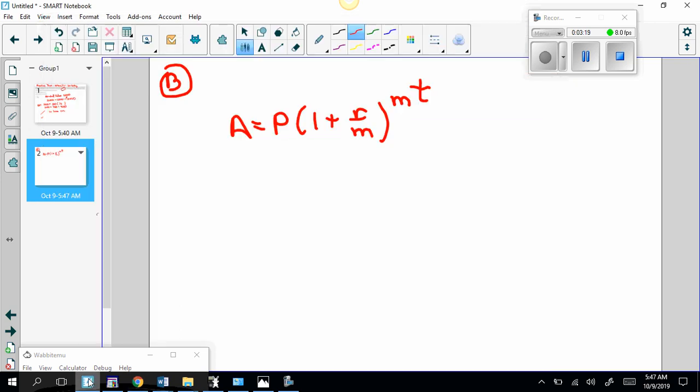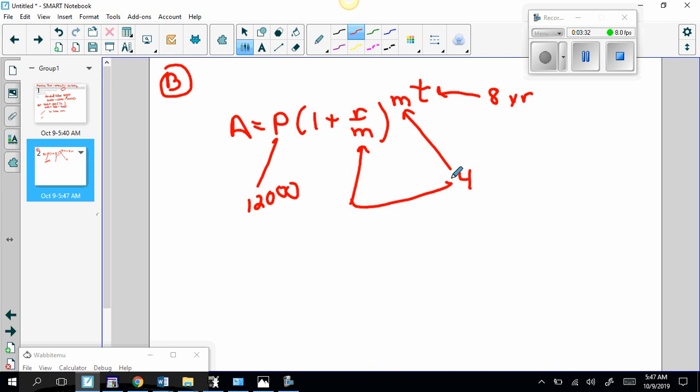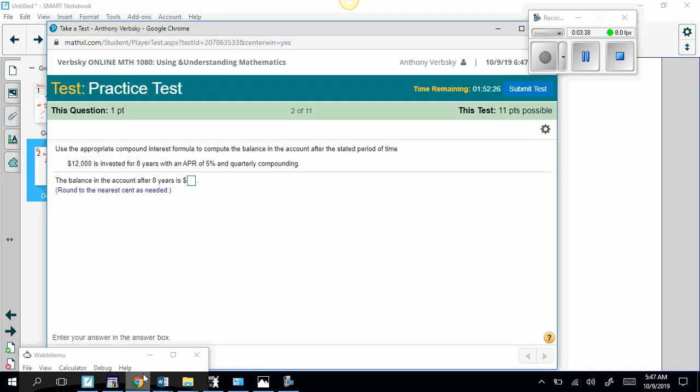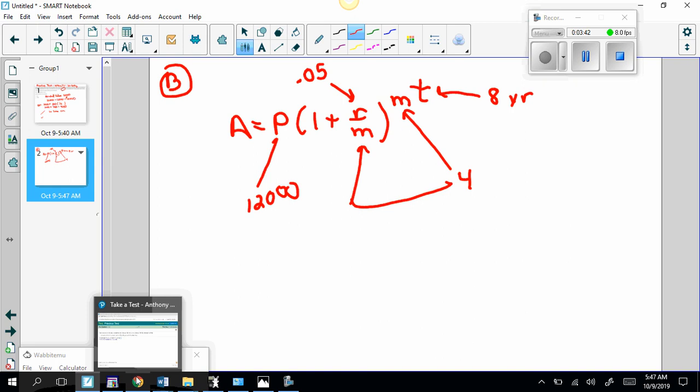We can do this. 12,000, 8 years, quarterly, M is 4, and 5%, 0.05. Let's confirm. Got it.